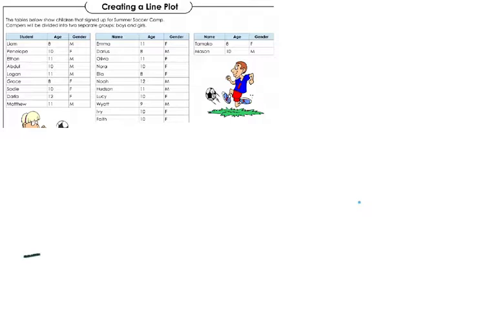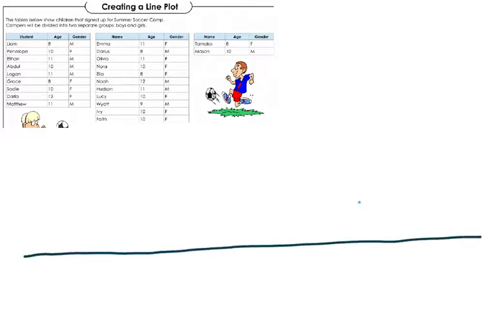So to make a line plot, you're going to draw a line straight across on your whiteboard. We're going to find the smallest number. The youngest age looks like it is 8. So let's go ahead and put 8 here. And then the oldest student, I see Noah, who's 12.